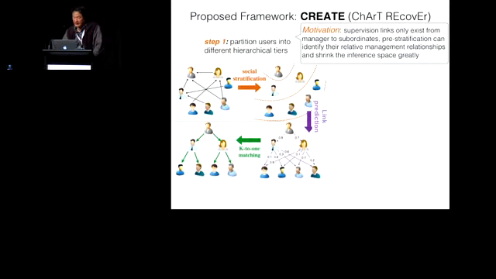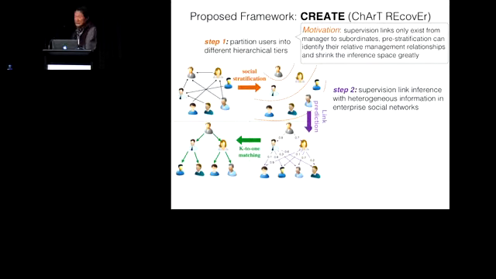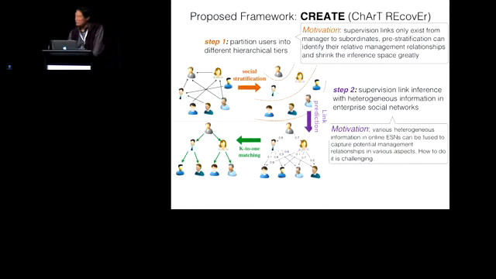Okay. The second part is link prediction, and it is really supervisory link prediction. We want to fuse the various information in the social network to help us predict this relationship. Once we do the link prediction, as you can see on the lower right, it gives a probability that two people have a supervisory link.